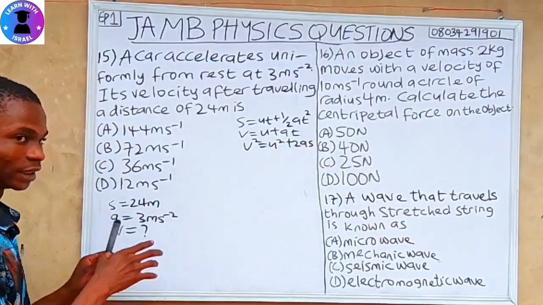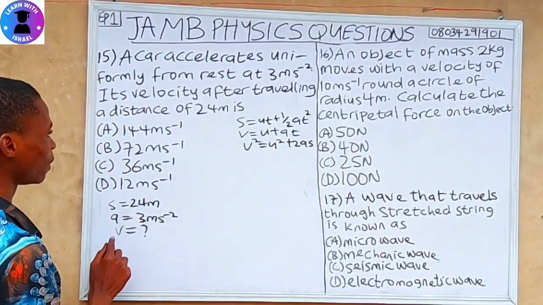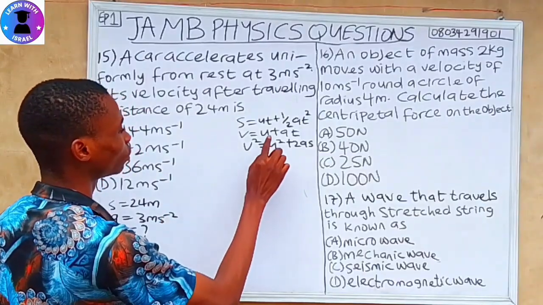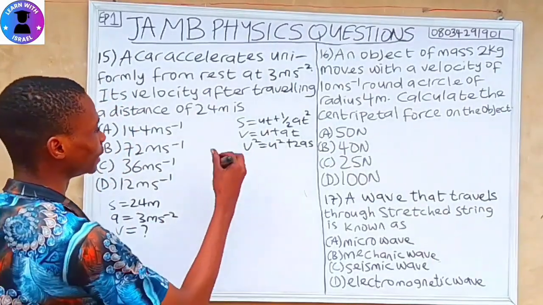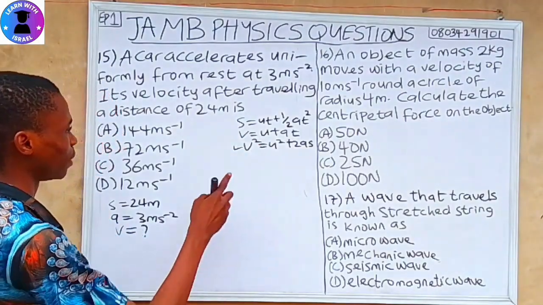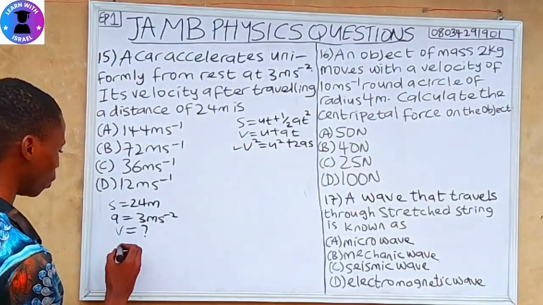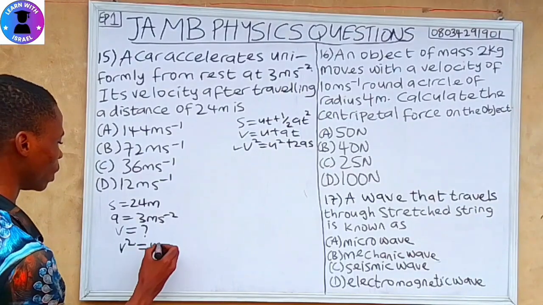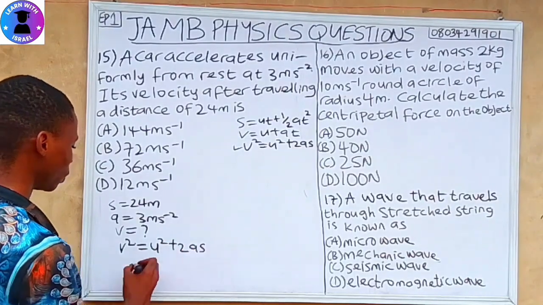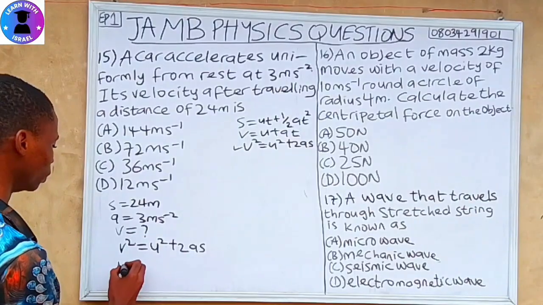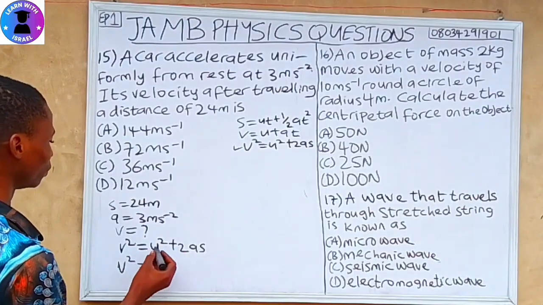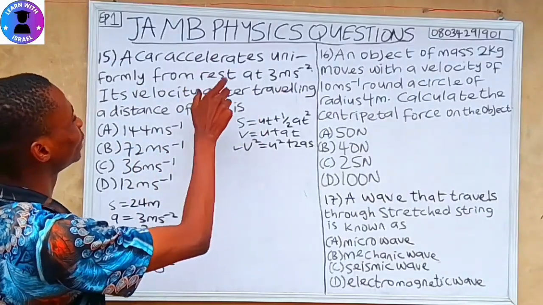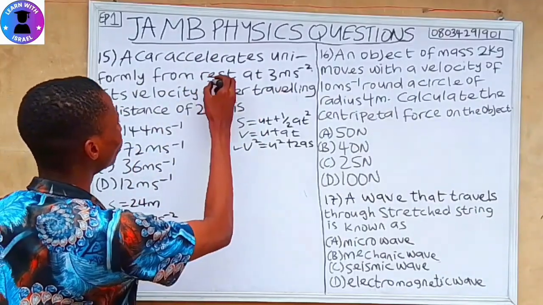If we check the givens, we have s, we have a, and we have v. The one that has s, a, and v is v squared equals u squared plus 2as, so that's the one we are going to use. We're looking for our velocity. Our v squared is unknown. Our u is 0 because the question says a car accelerates uniformly from rest.